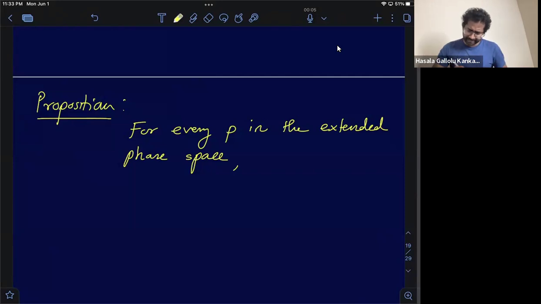That simply means it need not be just on the space M only, it's space M and T. You're giving any time and any value of the space.